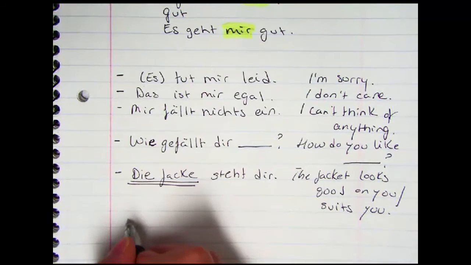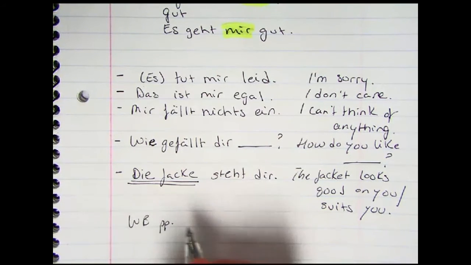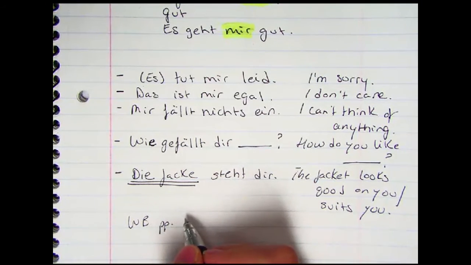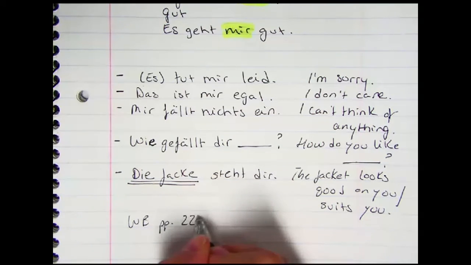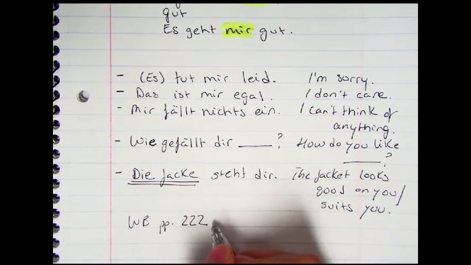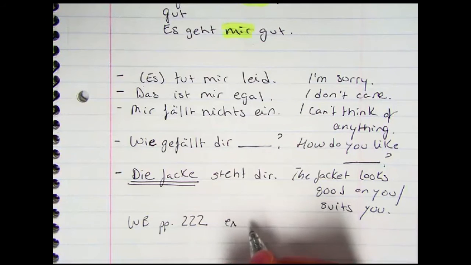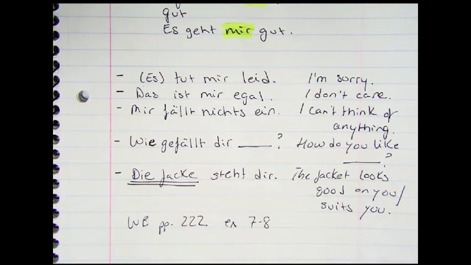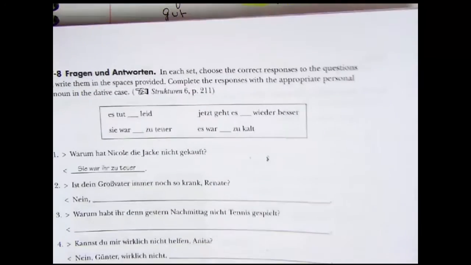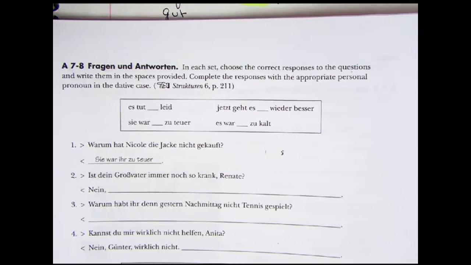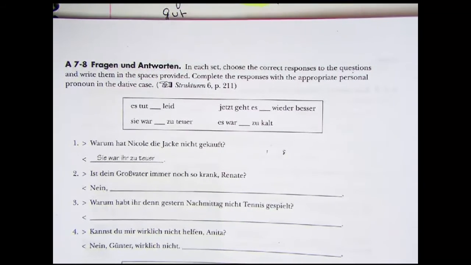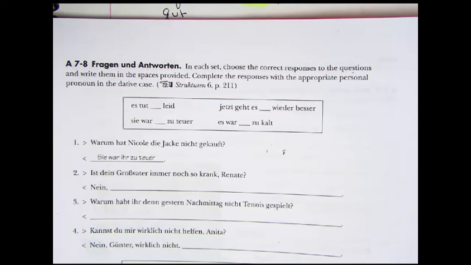All right, I want you to practice those, and you're going to do it during a workbook page. Hopefully you wrote all this down in your notes so that you at least have some practice for them. What you're doing is workbook page 222, exercise 7-8, and it looks like this. Now you're going through and responding to the questions you're given.